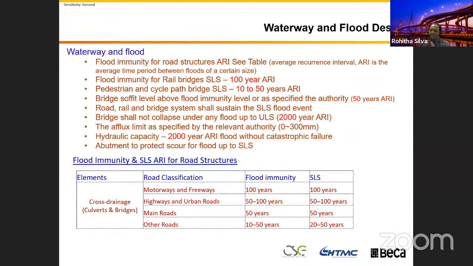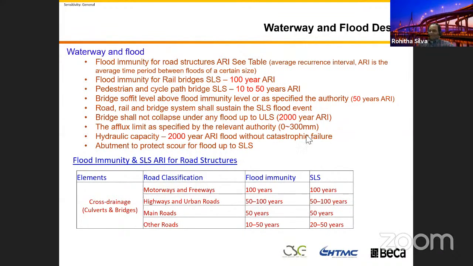You need to make sure that your bridge is set at the right level and you put the right hydraulic forces into the system. Not only the bridge, but other elements like the abutment, the fill and the batters you design must support the bridge in this environment, against these flood forces.